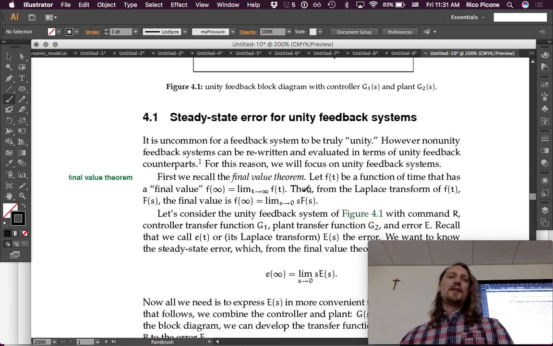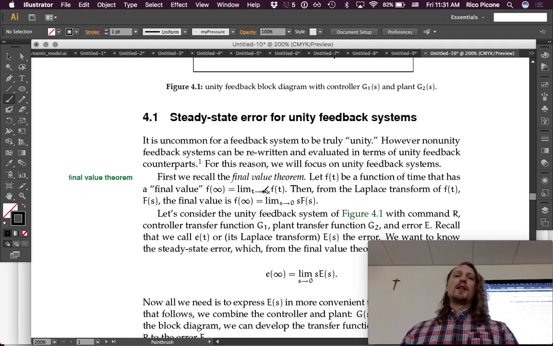So let f of t be a function of time that has a final value. If we were to find it in the time domain, we would take the limit as t goes to infinity of f of t, right? That would give us the final value.